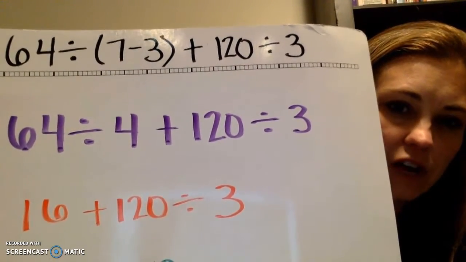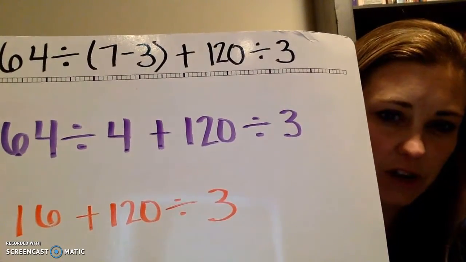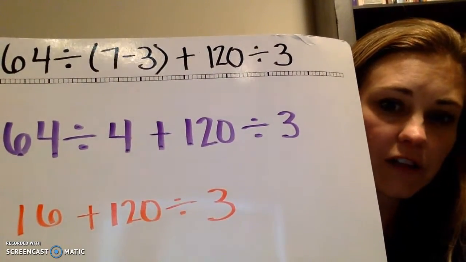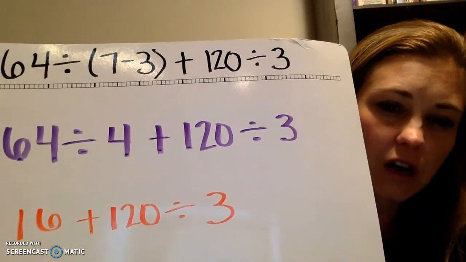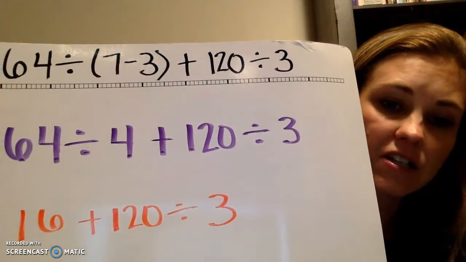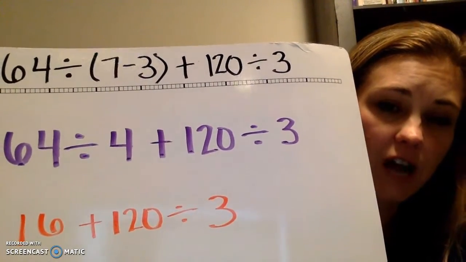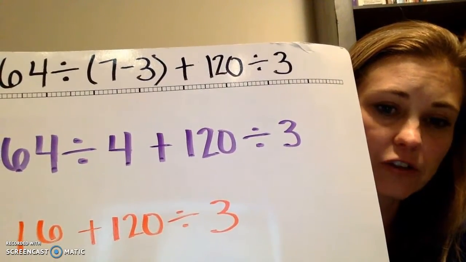Now I'm adding 120 divided by 3. So now I need to do 120 divided by 3. So when I look at that, I need to think of how many times 3 goes into 120. Well, I know that 3 goes into 12 4 times, and I know whatever I multiply by a 10 will add another 0.